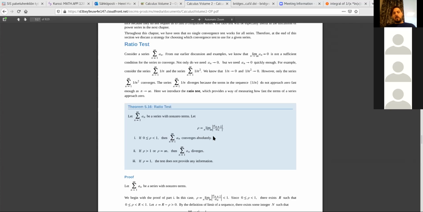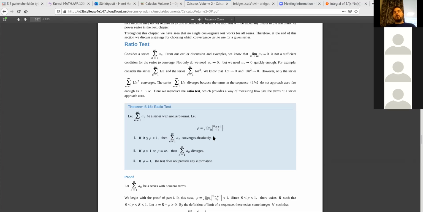If this ratio is smaller than 1, then it will be like a geometric series with a base smaller than 1. From a certain point onwards, it will be closely approximated by the geometric series. If this is so, then it converges absolutely.